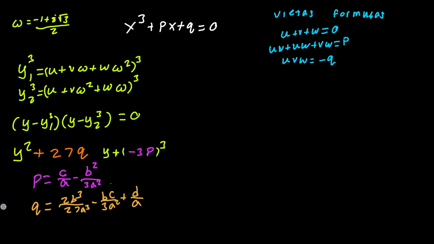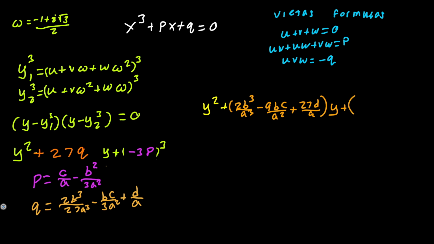Plugging all of that in, you will get the resolvent y squared plus, and simply multiplying 27 times q, we will have 2b cubed over a cubed minus 9bc over a squared plus 27d over a, all multiplied by y.